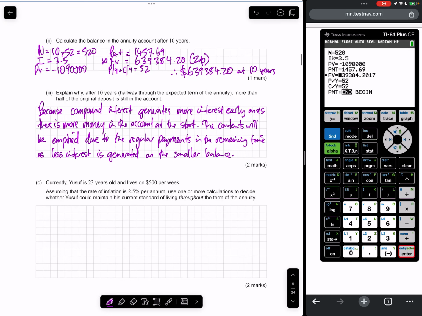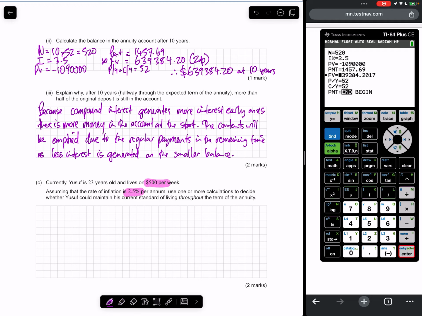Currently, Yusuf is 23 years old and lives on $500 per week. Assuming that inflation is 2.5% per annum, use one or more calculations to show whether he could maintain his current standard of living.